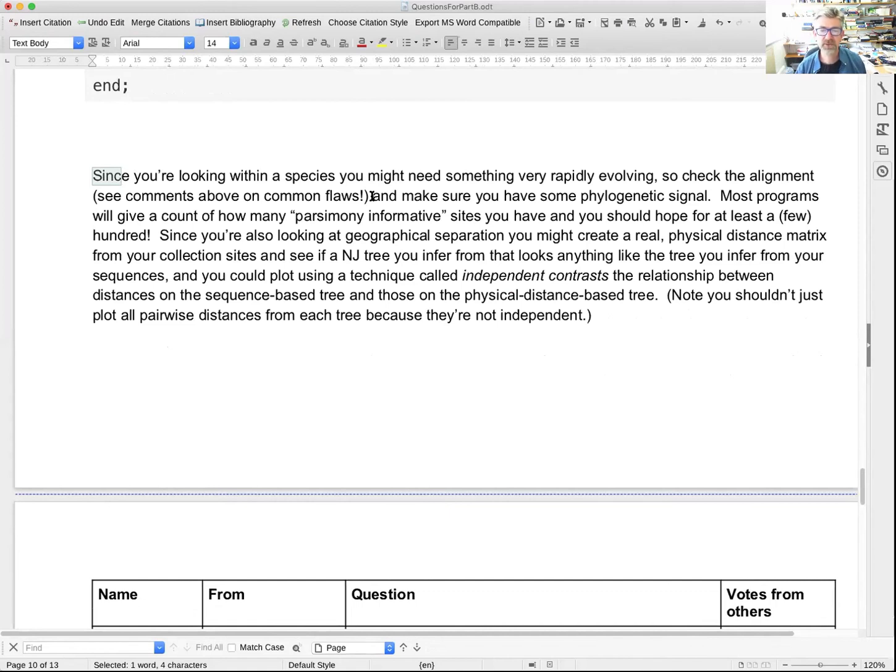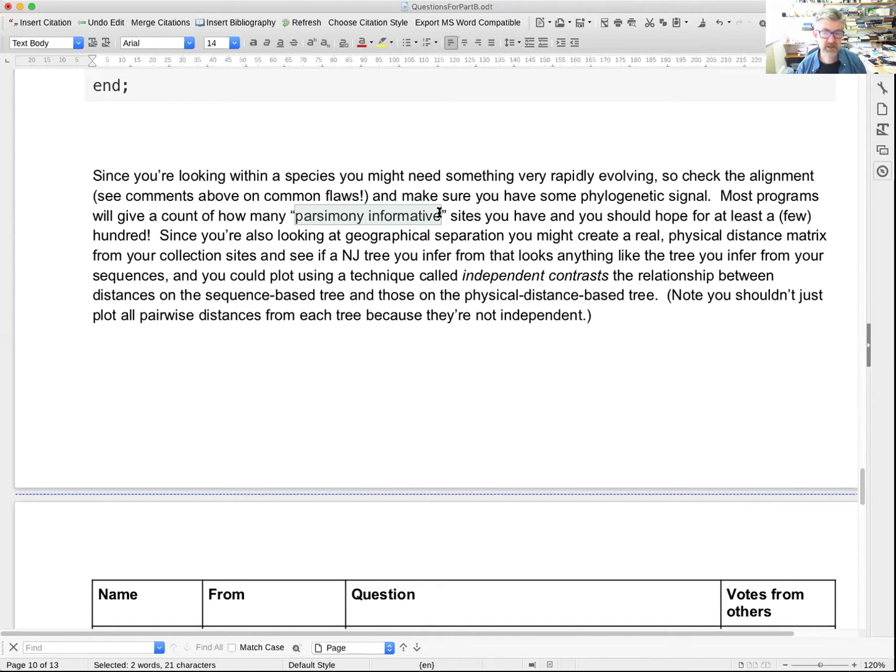Most programs, IQ-tree, MEGA, PHYLIP, I think, RAxML does, will give you a count of how many so-called parsimony informative sites there are. Those are sites that differentiate in terms of their state between the taxa, so that they could support a branch in the tree.